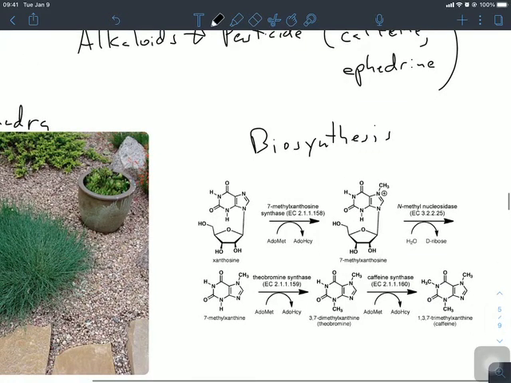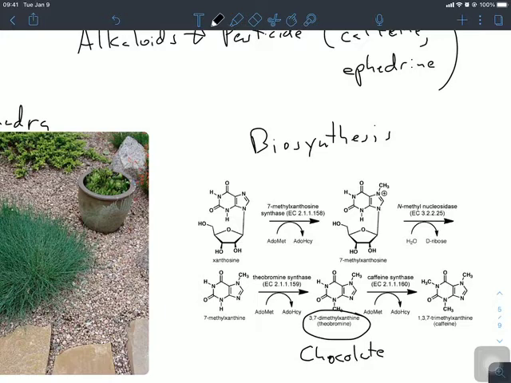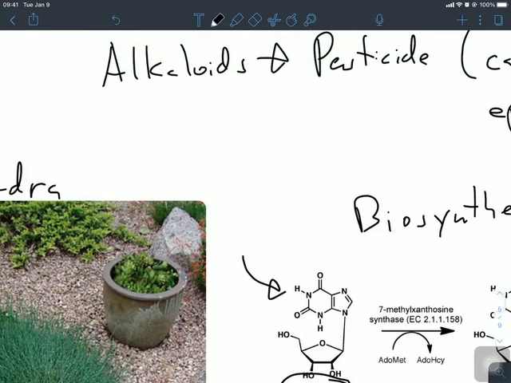Caffeine is just a couple steps removed, a single step removed from theobromine, which is a bitter compound in chocolate. And then it's just a couple steps removed from a molecule called xanthosine, which is one step removed from a molecule that you might recognize, guanine.